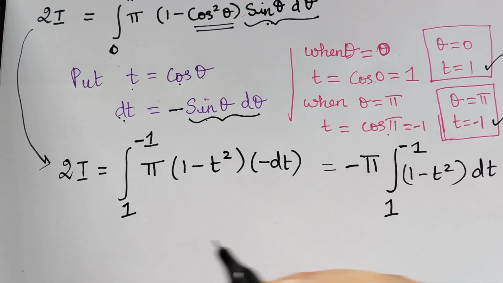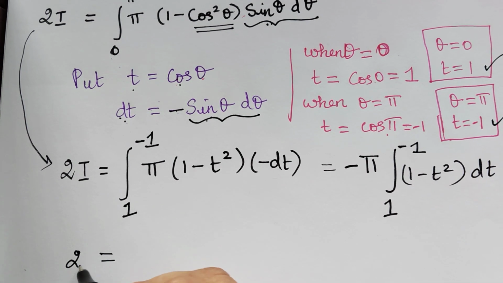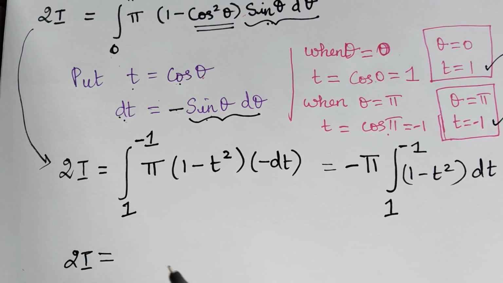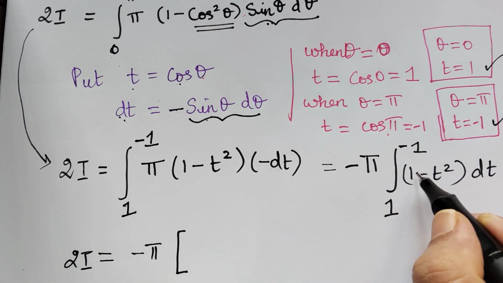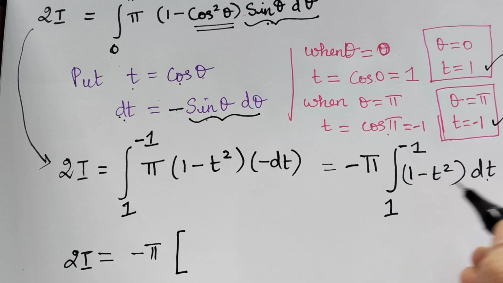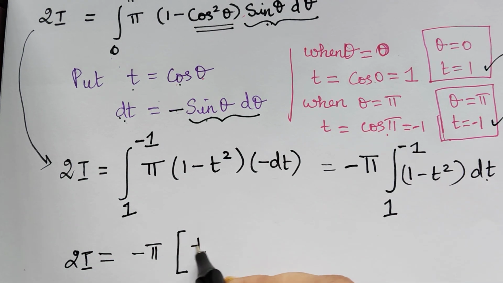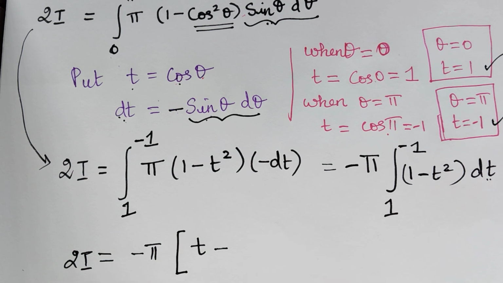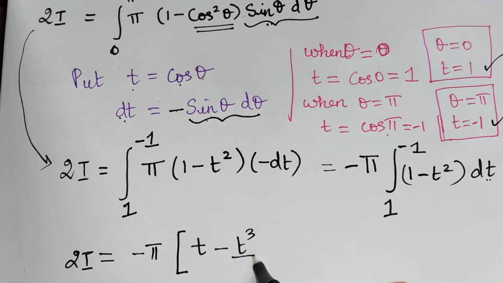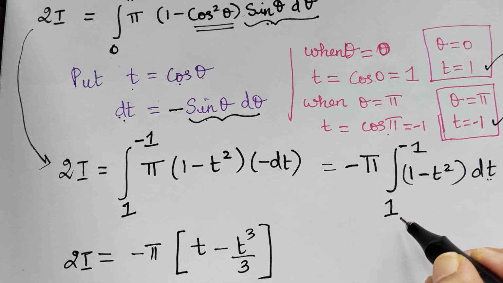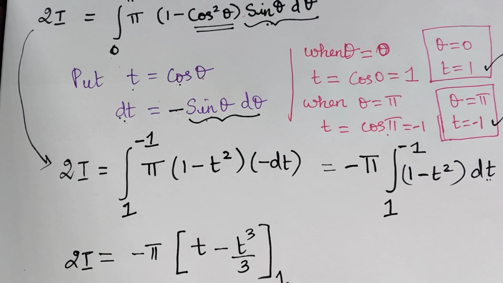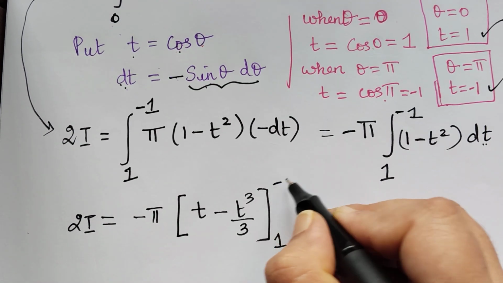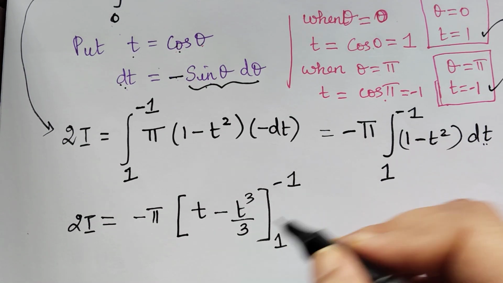Now we shall integrate this. So 2I is equal to minus pi. After integration, if you integrate 1 with respect to dt, it will become t. Then minus integration of t square with respect to dt is t cube by 3. And after integration, the limits are from 1 to minus 1, that we have to write.